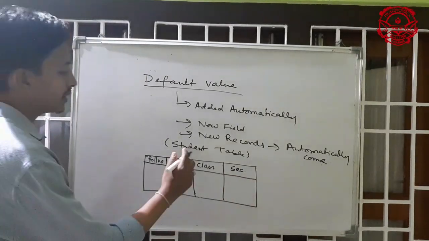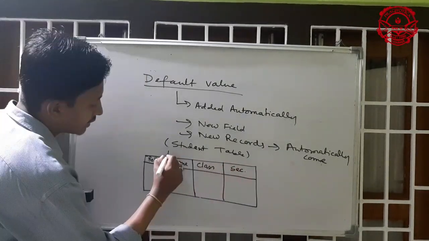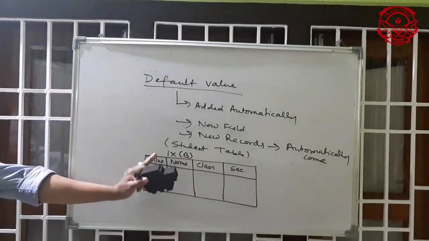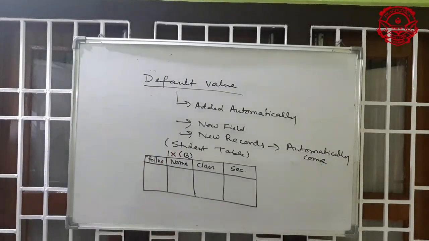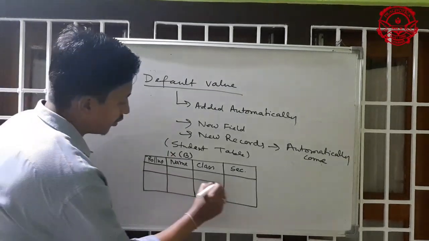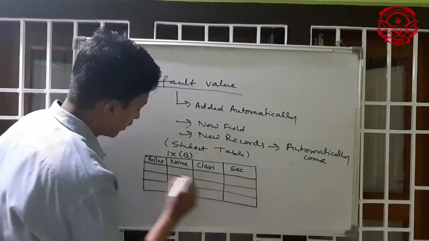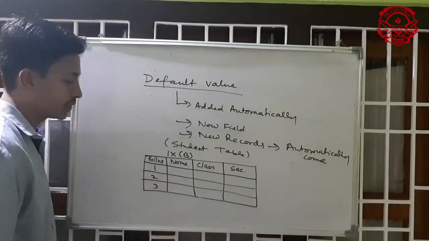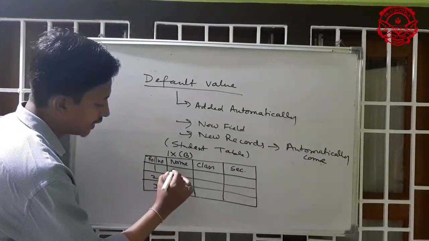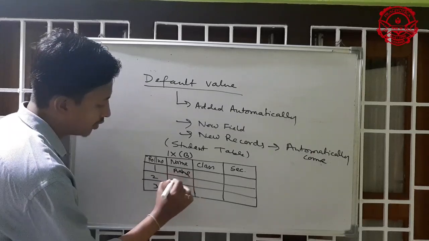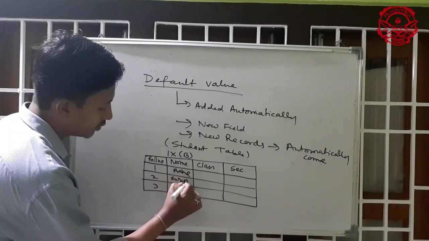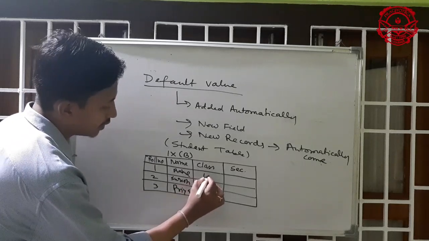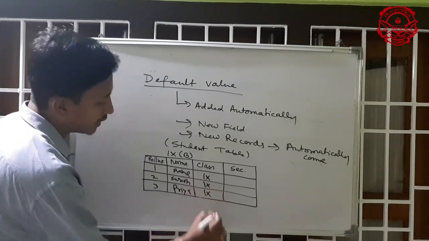For example, this table is a student table, say class 9 section B. This table is actually class 9 section B. Say roll numbers 1, 2, 3, then names say Rahul, Suresh, Priya. Okay, class 9.